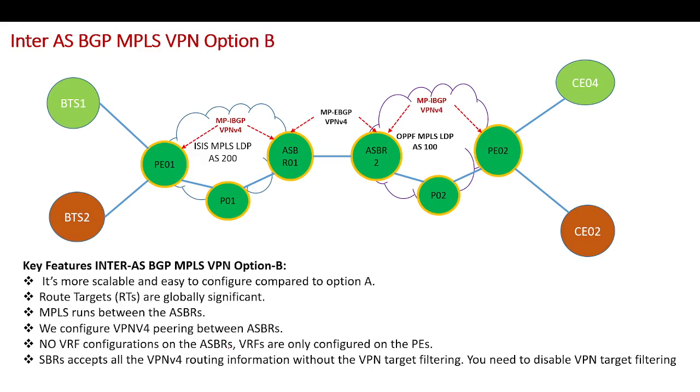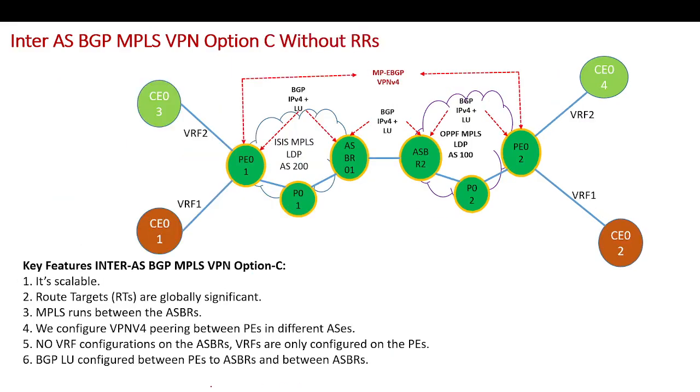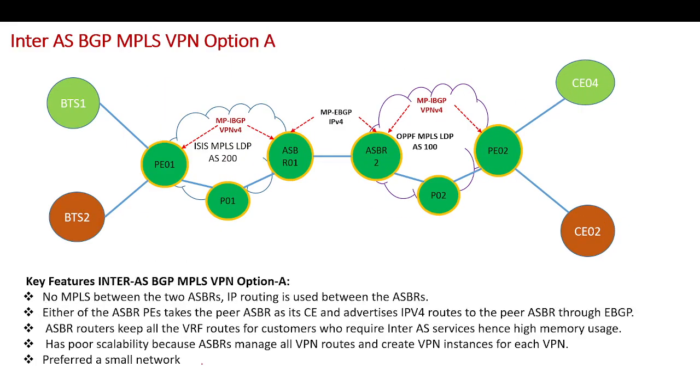You can see that for this kind of setup, we have MP-iBGP sessions established between the PE and the ASBR. You have IPv4, the normal VRF to VRF peering session established between the ASBRs.